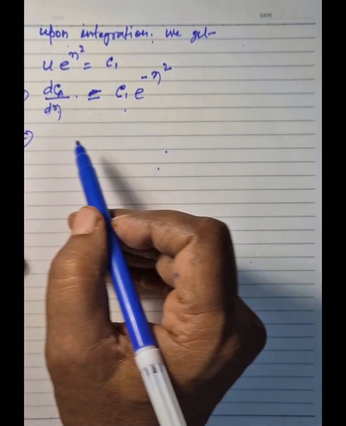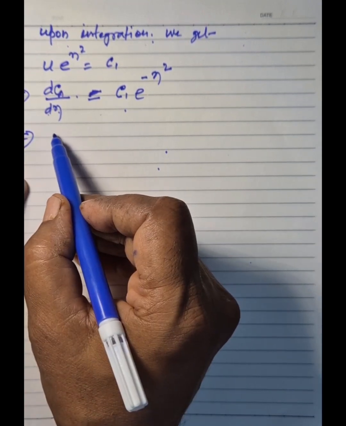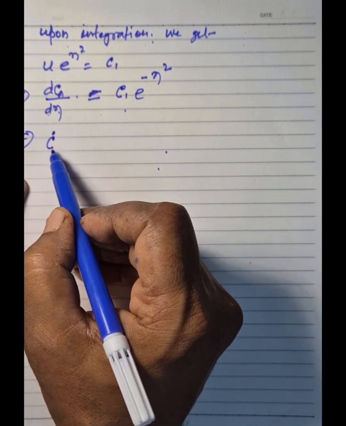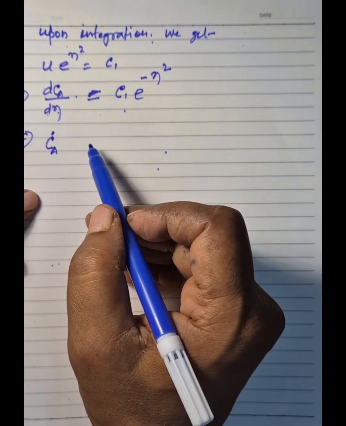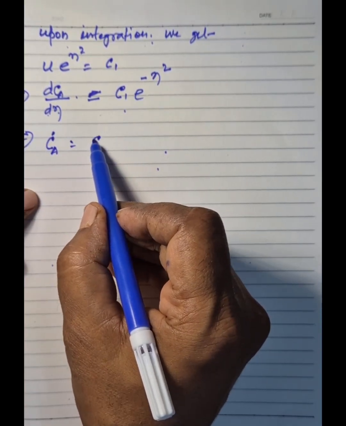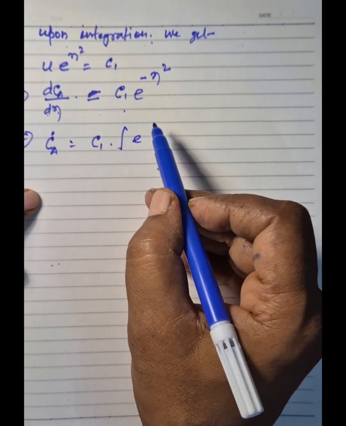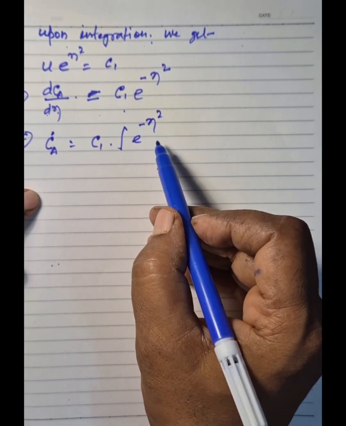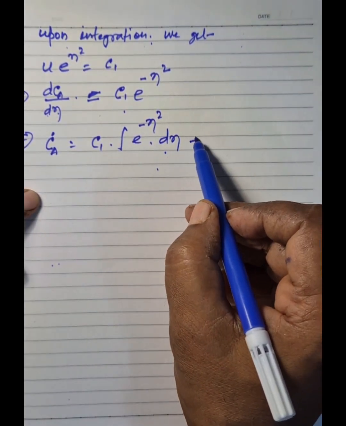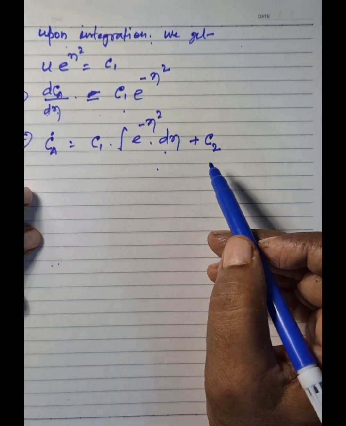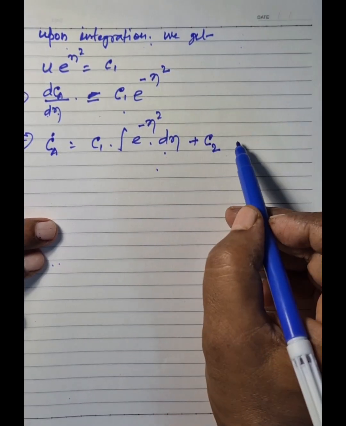Again integrating, so we get CA equal to c1 into integral of e to the power minus eta square d eta plus c2. Again c2 is the second integration constant.